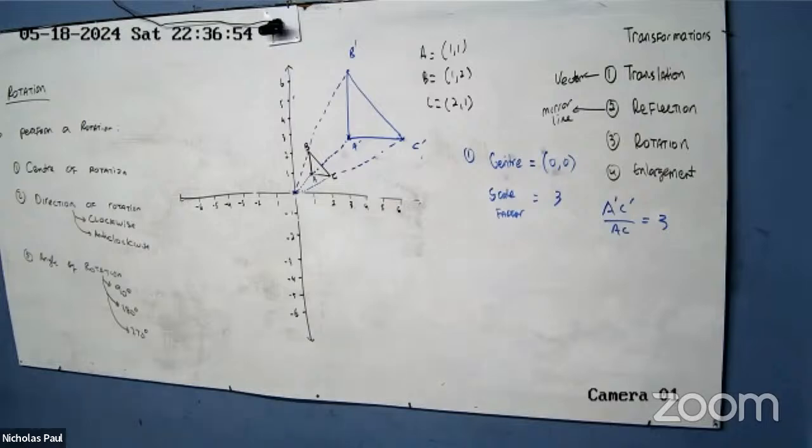I got A prime to be 3, 3, I got B prime to be 3, 6, and I got C prime to be 6, 3. Again, it's got to be exact.